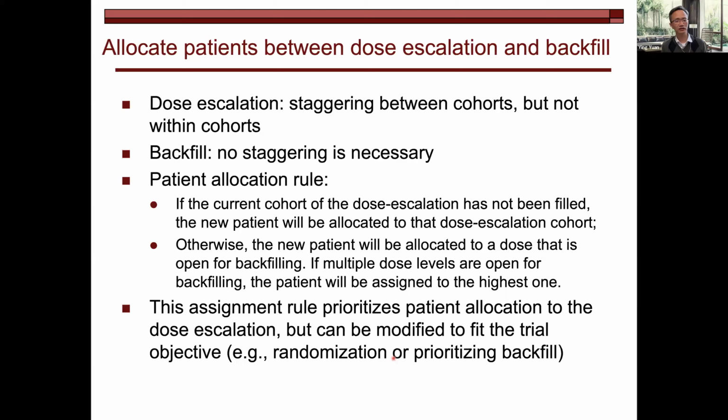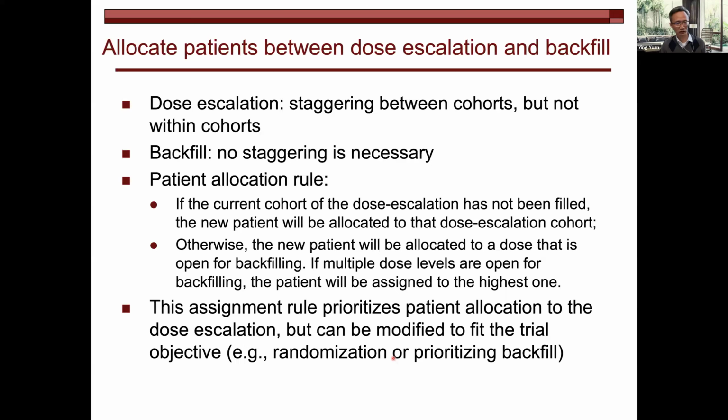The reason is that for dose escalation, we typically have to stagger between cohorts. We treat one cohort and wait out the DLT period before we can make a decision for the next cohort. But for backfill, we don't have to stagger, right? Because it has previously shown to be relatively safe, once a patient is available we can immediately treat them at that dose.